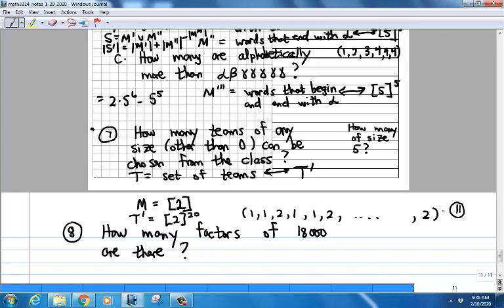Not on the team. Person 4 is on the team. Person 5 is on the team. Person 6 is not on the team, all the way down to person 20, not on the team. Okay. So you see how that correspondence works?